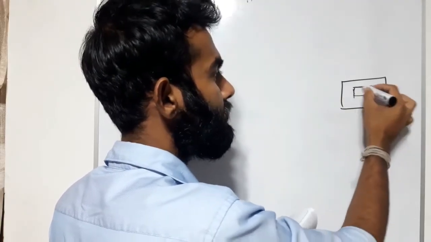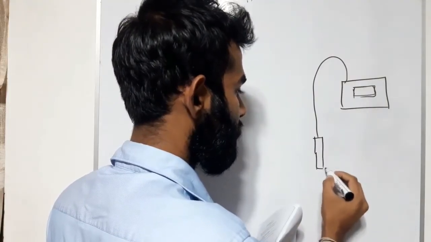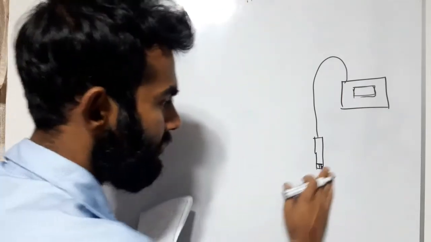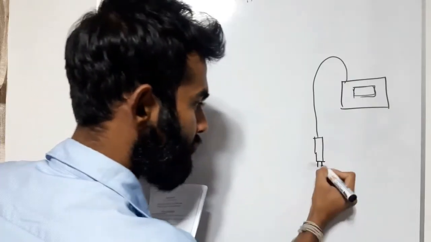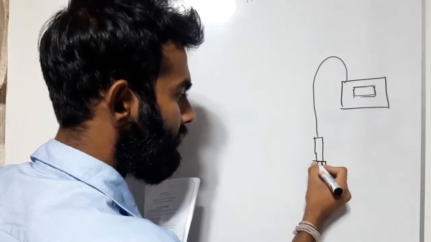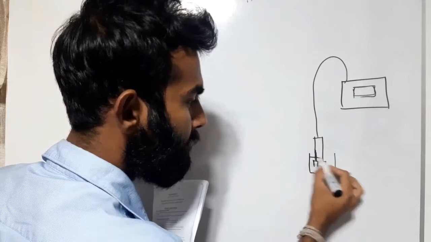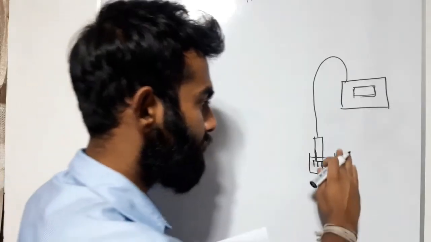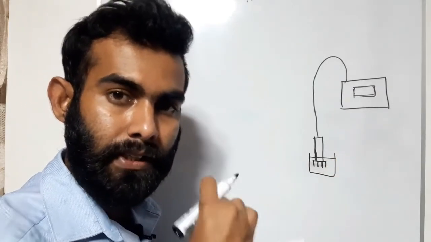Here it has a digital screen and there is an electrode, the conductivity meter cell. The edge of the conductivity meter cell contains two metal plates. We will dip this edge in a particular solution, and we have to fully immerse it because we are going to measure the conductance.